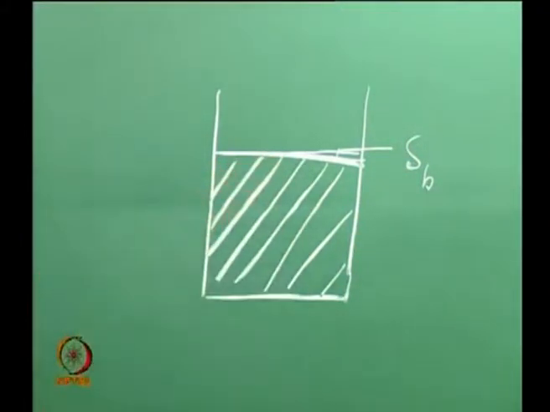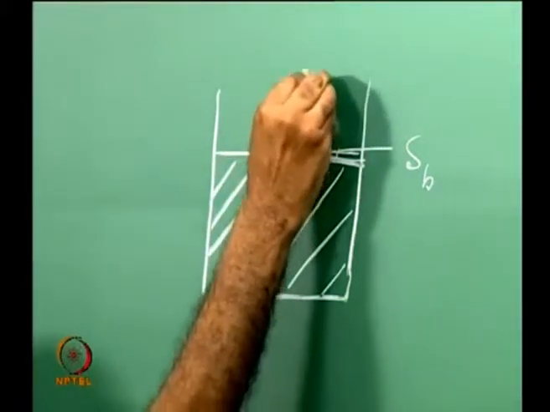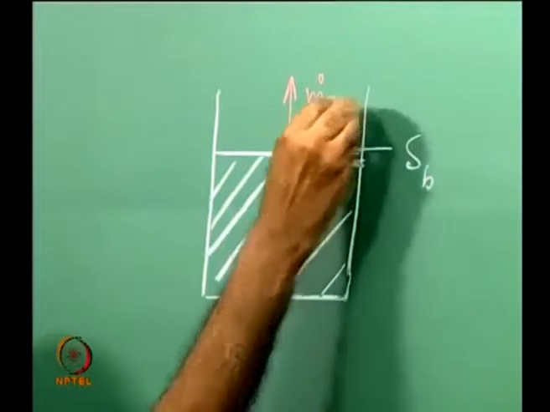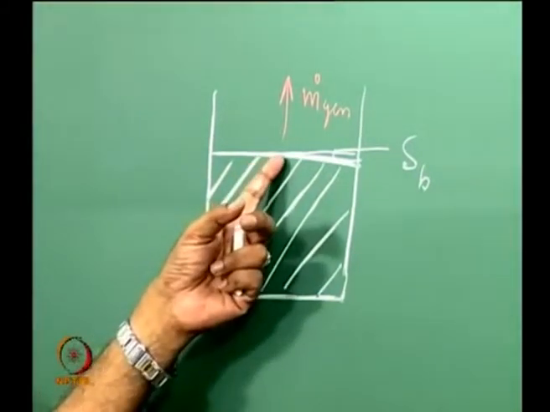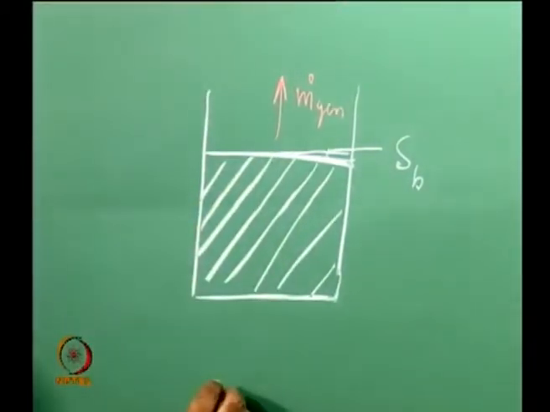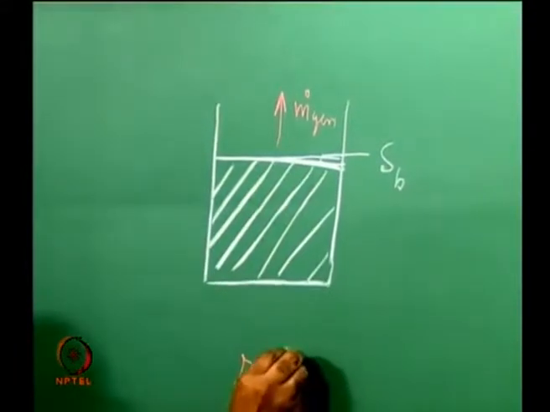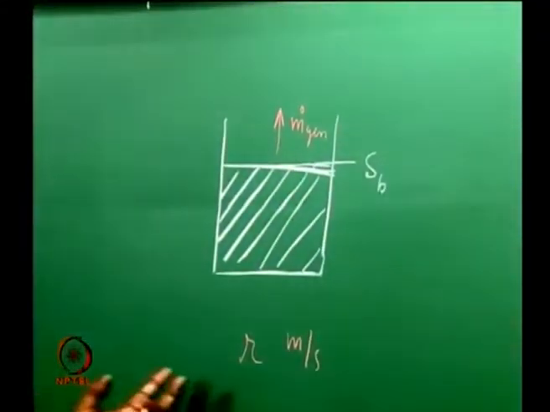Supposing this surface is ignited, I would like to know the rate at which I am generating the hot gases from it. Therefore, I must know the rate at which the propellant regresses or burns. In other words, I would like to have something like r, so many meters per second, the rate at which a propellant burns.